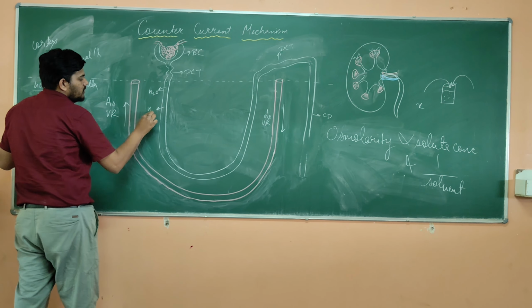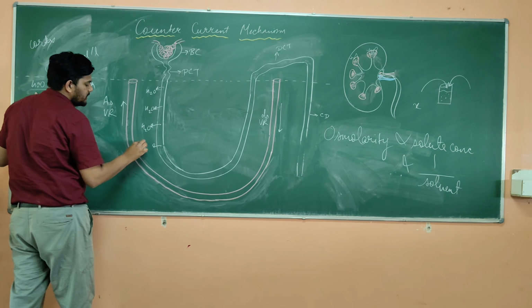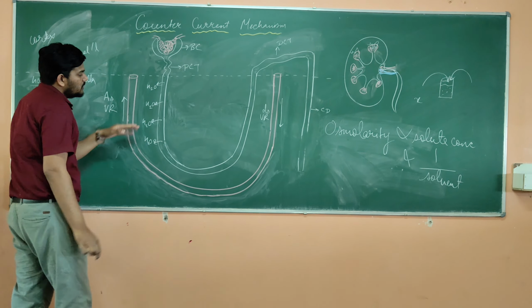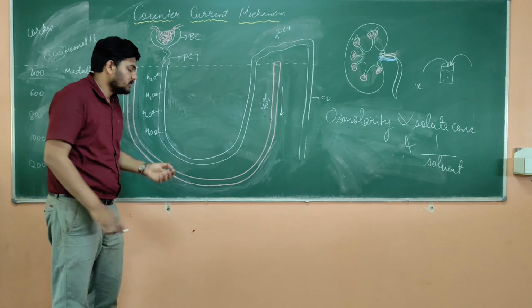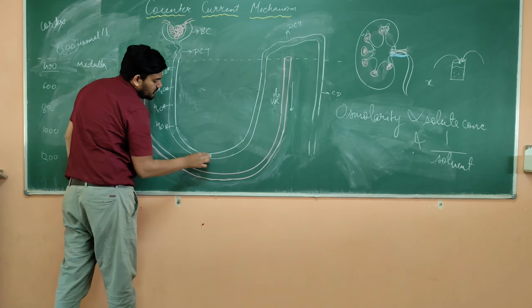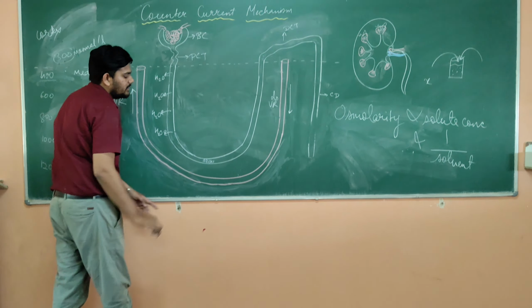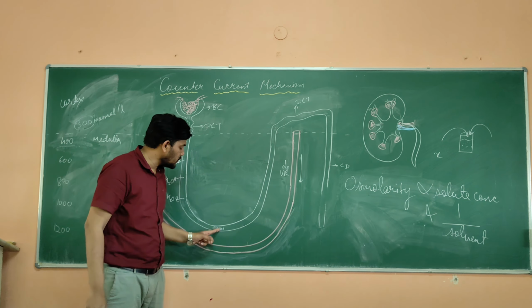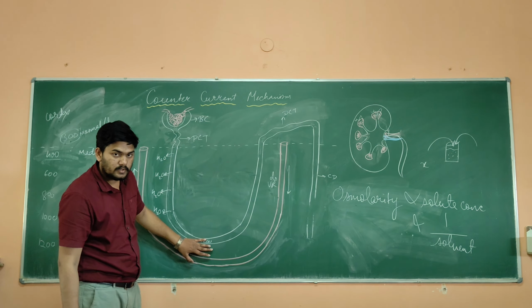It means to come down, this particular filtrate will remove the water. If water will be removed, it means what? Osmolarity will be increased. Now finally when the filtrate will come at this point, it means it will be highly concentrated and it will have the osmolarity that is 1200. Okay, here at this point the filtrate will have the maximum osmolarity.